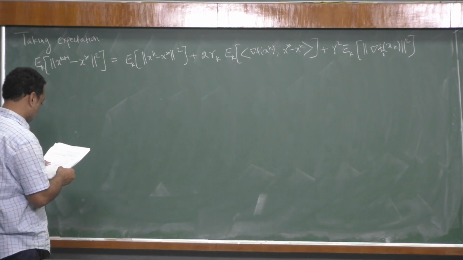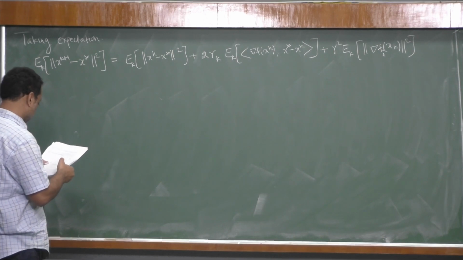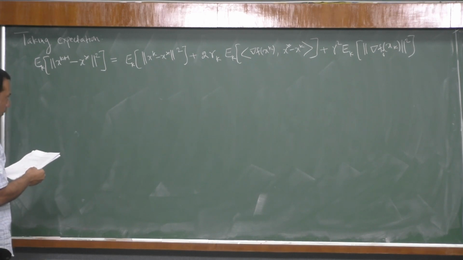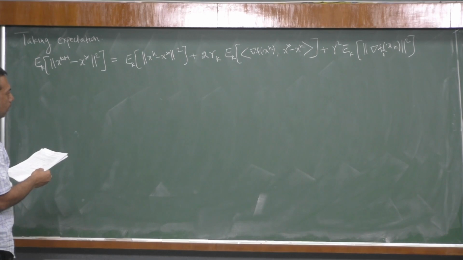Now, what can we do here? The last expectation goes with grad f_i at x star, so the last one is not in that form.